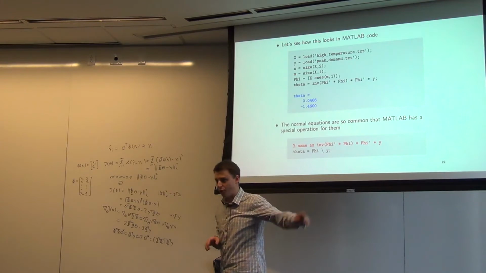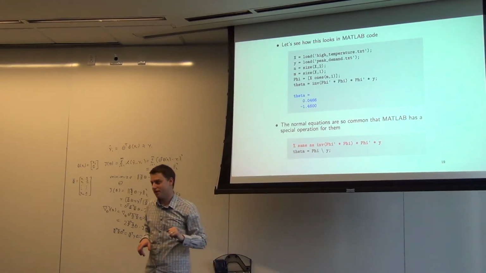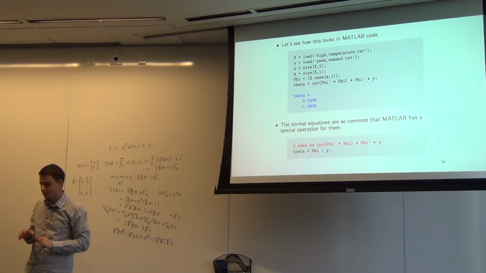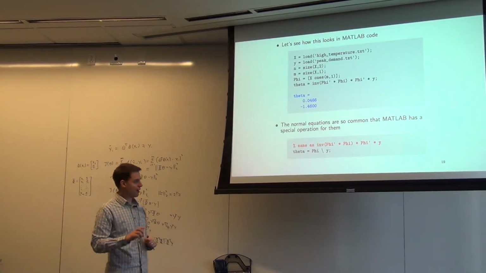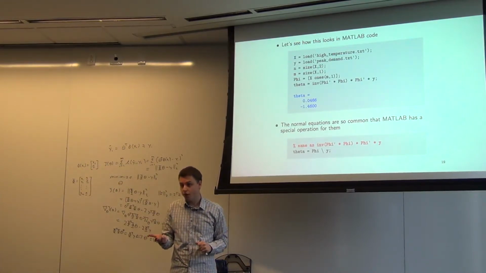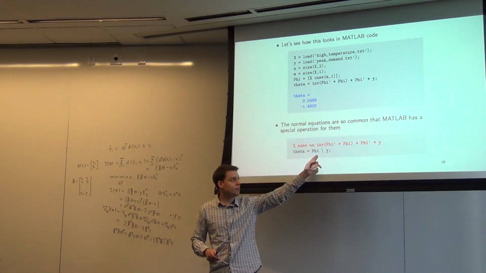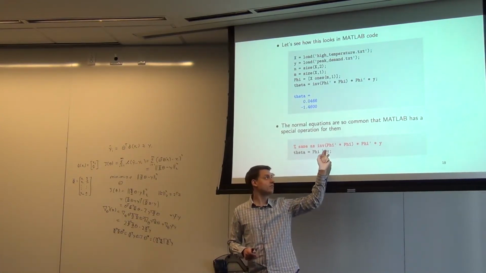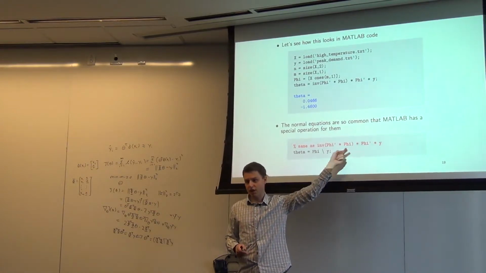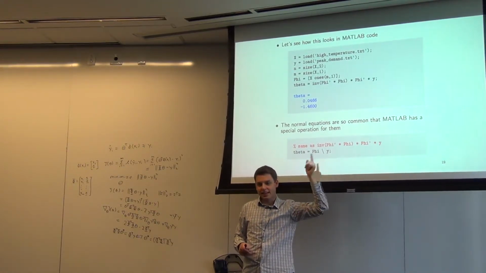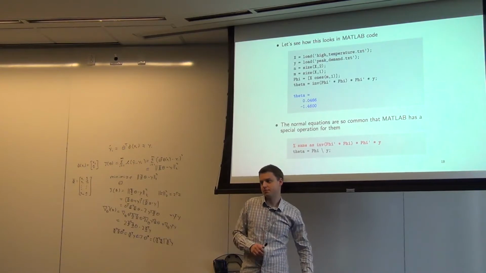You should not actually write it like this, though. For technical reasons, this is such a common operation that Matlab has a special operation for it, which is the backslash operator. If you type theta equals phi backslash y, that gives you the exact same solution, and in fact it computes it much more efficiently.